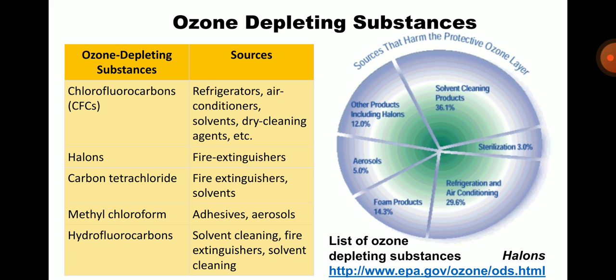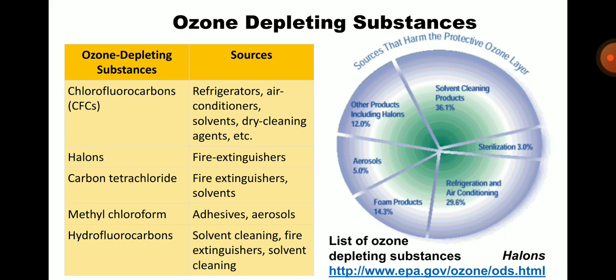Here is a slide which will give you an indication about the various ozone depleting substances and their sources. The first table gives you the name of the ODS, that is ozone depleting substance, and its source.